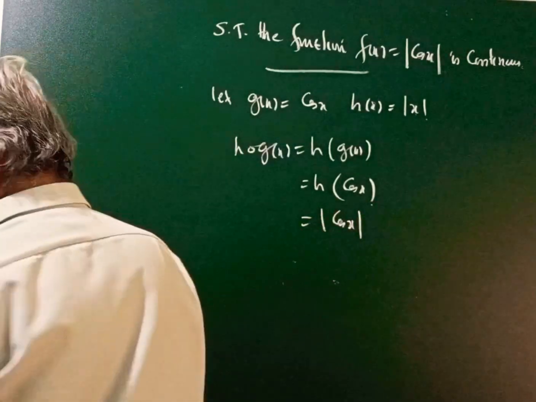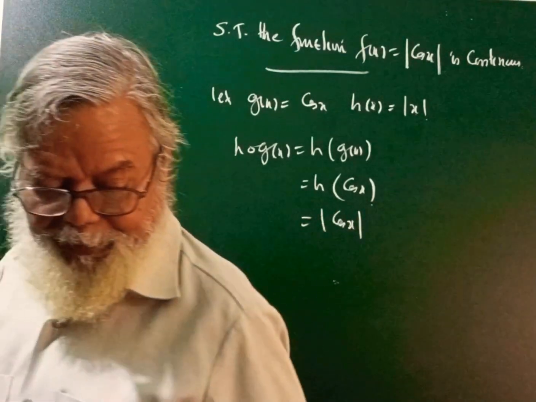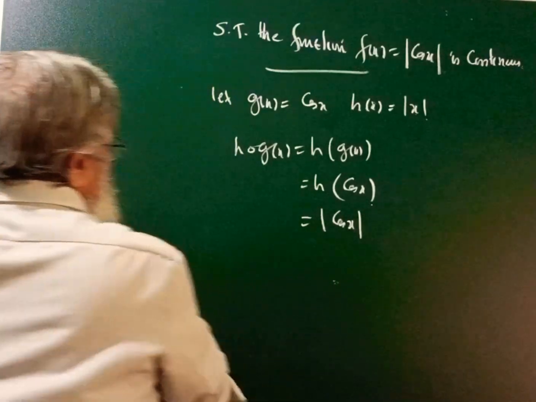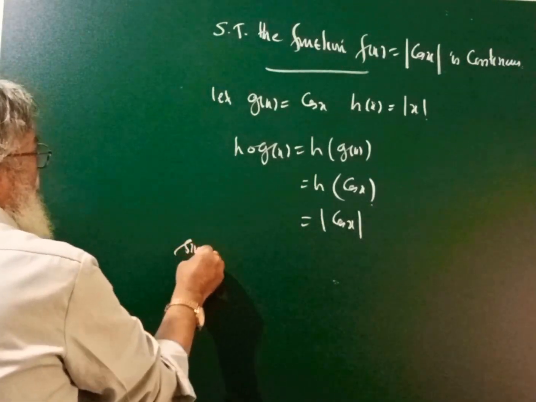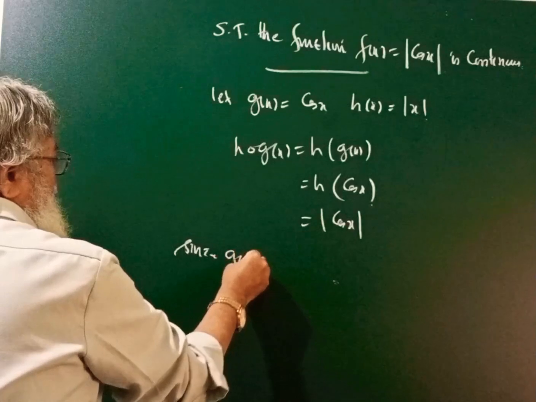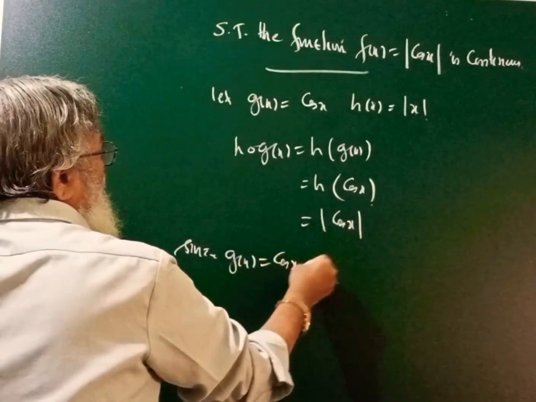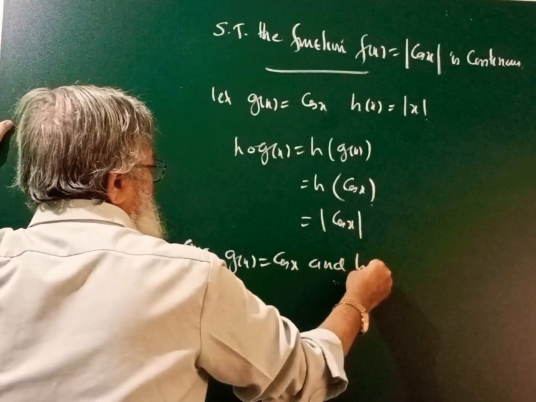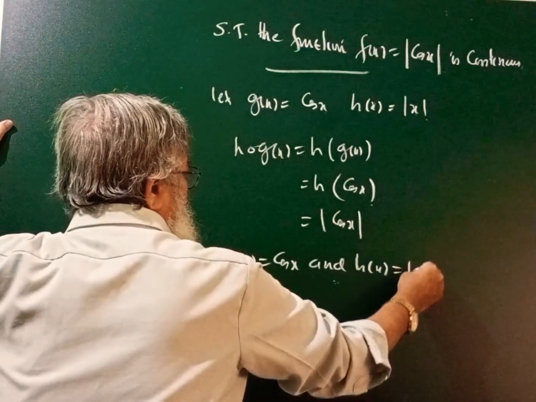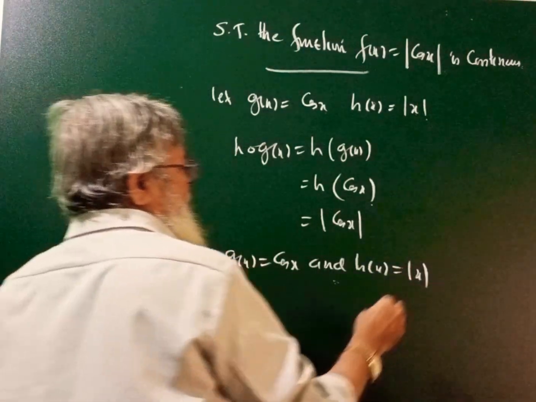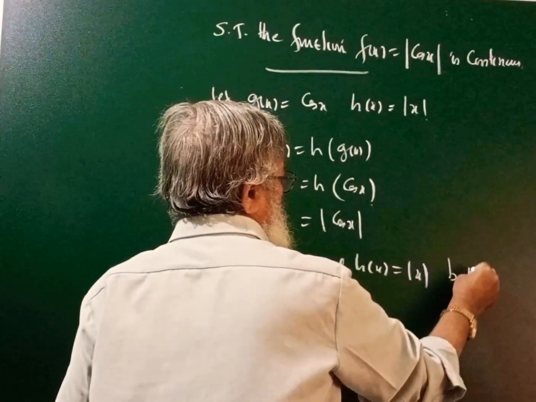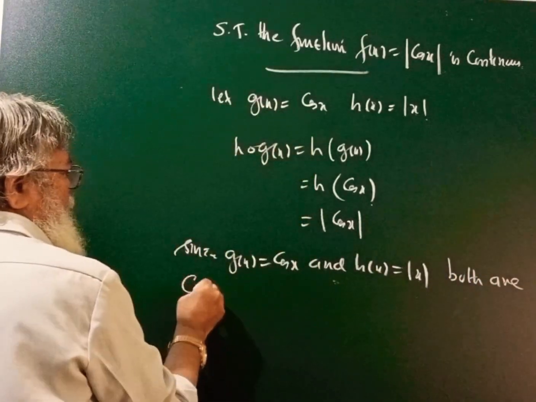Therefore, by the same argument, we write, since g(x) is equal to cos x and h(x) is equal to mod x, both are continuous functions.